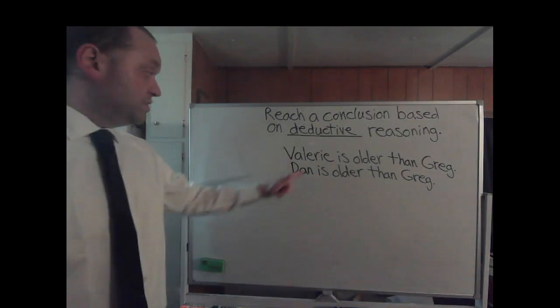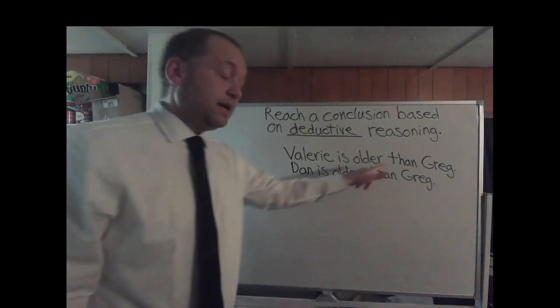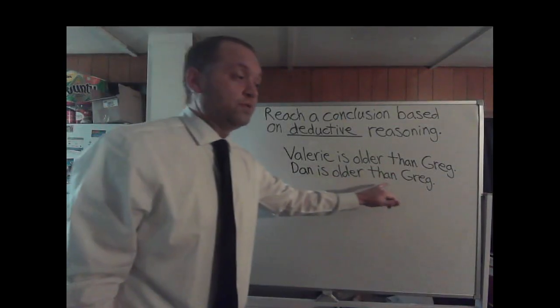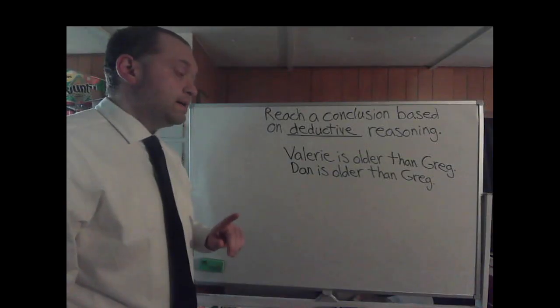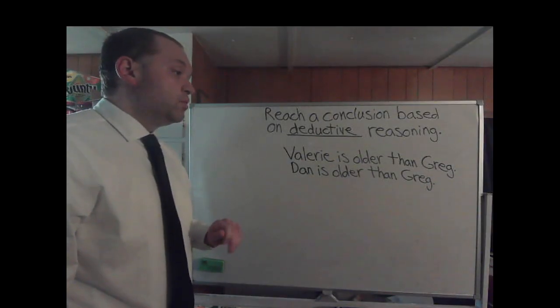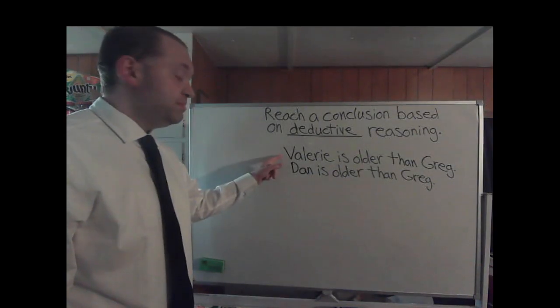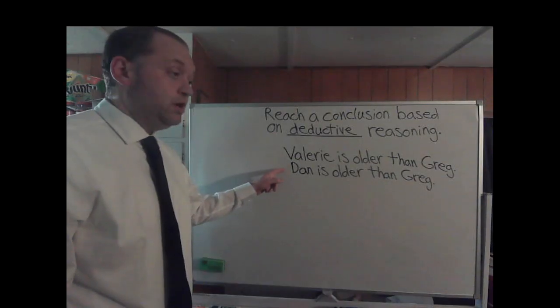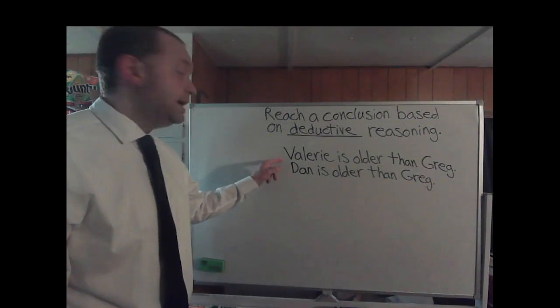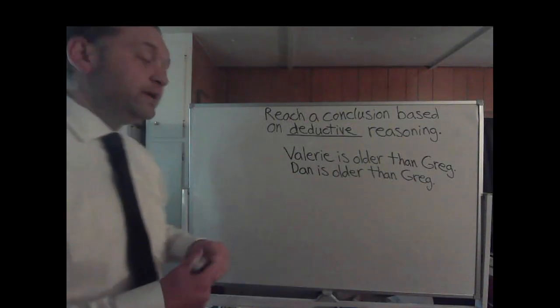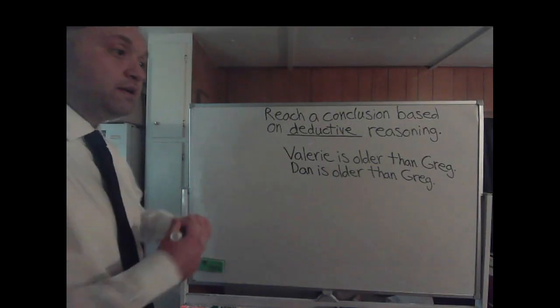Okay, so it says Valerie is older than Greg. It also says that Dan is older than Greg. Well, we know both these people are older than Greg. Could Valerie be older than Dan? We don't know. We don't have enough information. Could Dan be older than Valerie? Again, we don't know. There's not enough information here comparing Valerie to Dan.